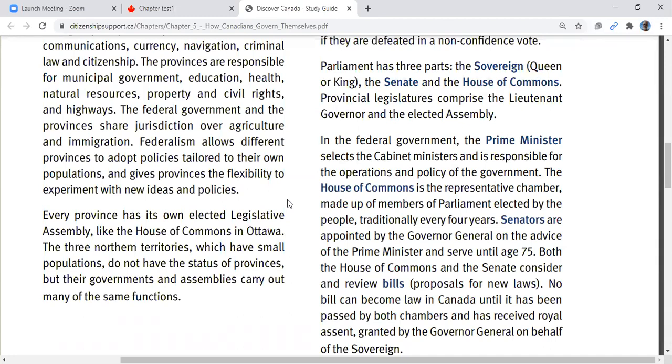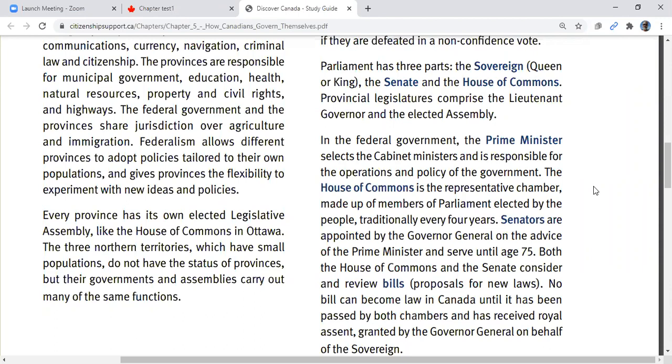The three northern territories which have small population do not have the of provinces, but their government and assimilation assimilation cry out many of the small some func- function Functions. function. Yeah, very good.